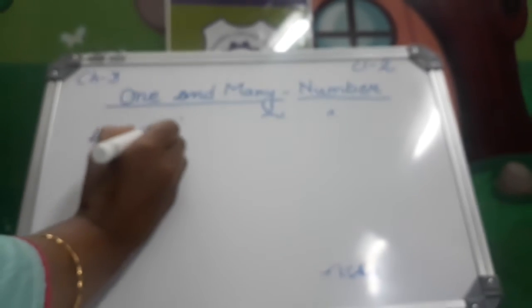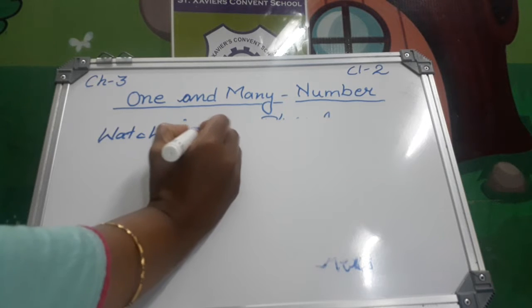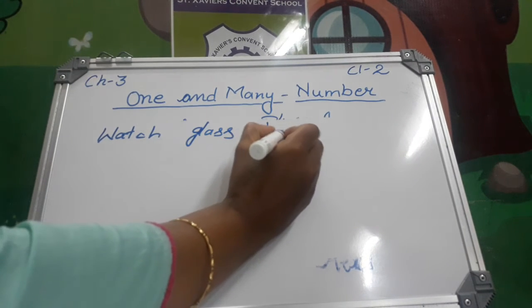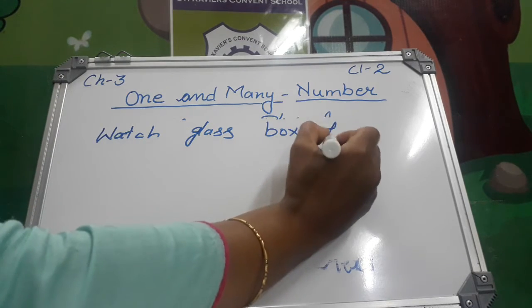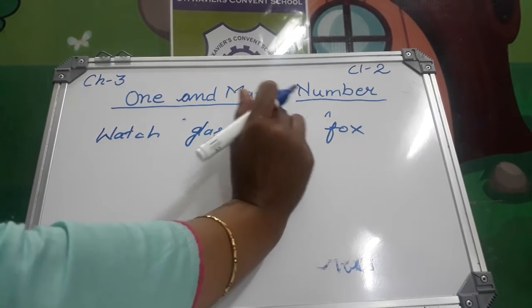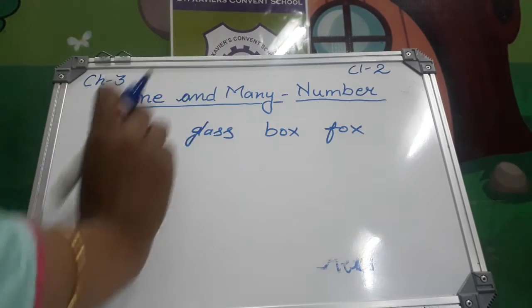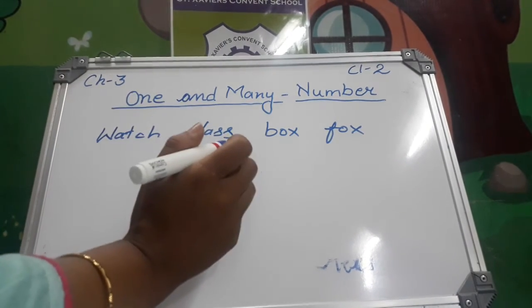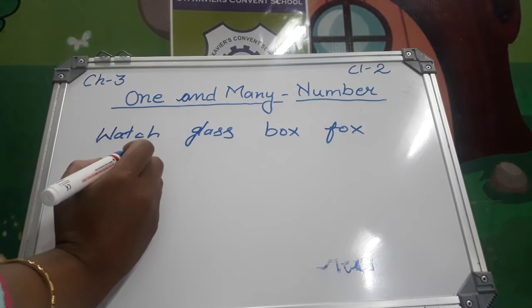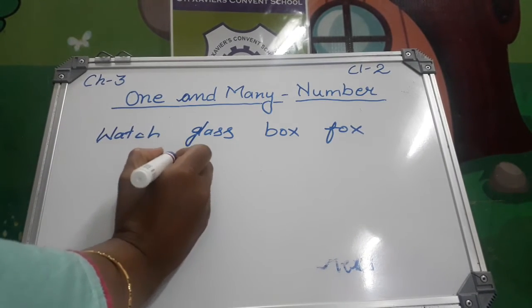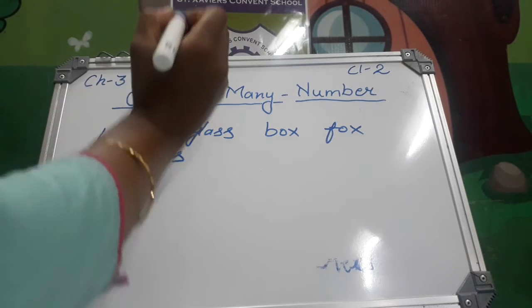Watch, glass, these are nouns. Box, fox. When we convert these nouns into plural nouns, we add es.